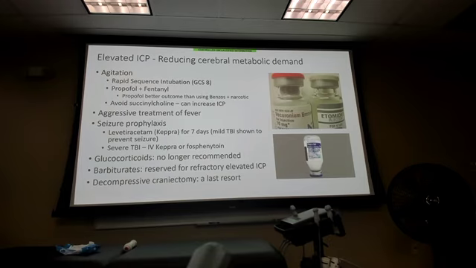So in reducing that cerebral metabolic demand, okay, getting their brain to rest. Obviously, we want to do that rapid sequence intubation. Now, say somebody's got a GCS of like 3, right? Do you think you're going to RSI them?